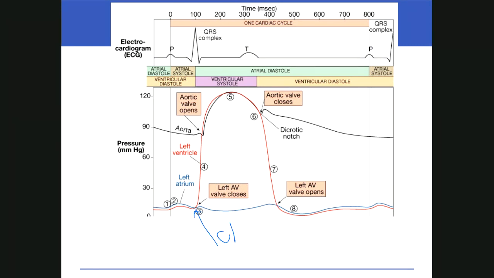Does it make sense? Let's go back over here. So let's look at the aorta and the ventricle. Right now, all over here, which line is higher, the aorta or the ventricle? Where's the pressure higher?